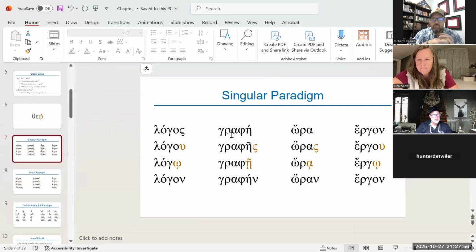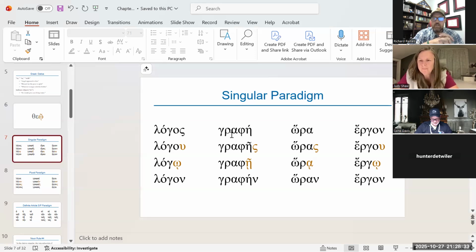All right. The last one there is graphen. What is the gender? Feminine. What is the case? Accusative, and the number is singular. Translate it. Accusative is translated the same way as nominative. It's just not the subject.